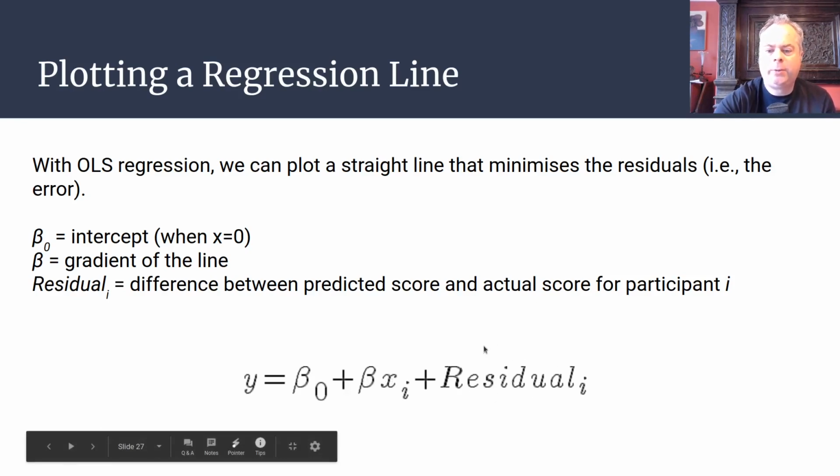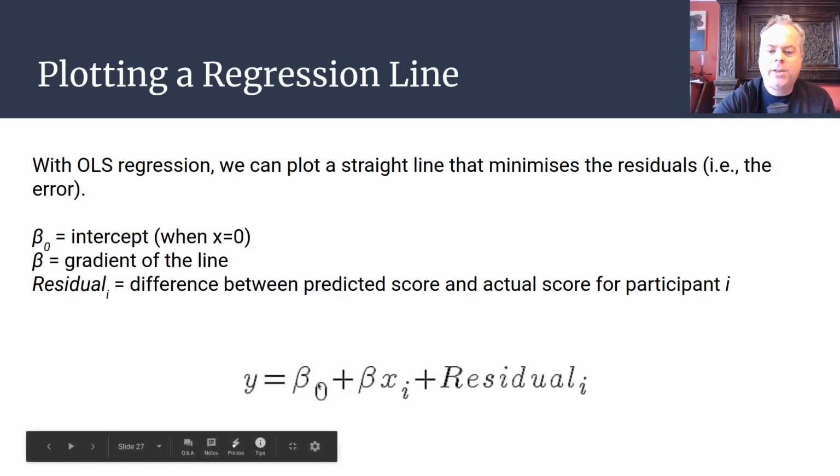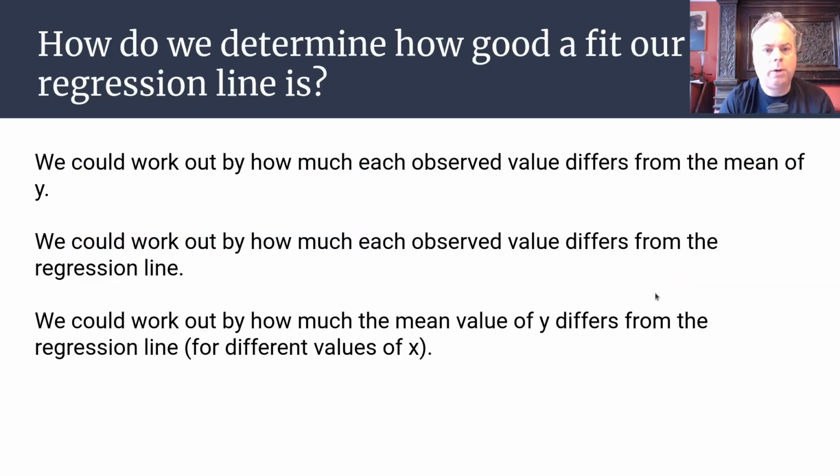This is the difference between the predicted score and actual score of the participant. So what we're wanting to do when we generate a regression line is calculate the value for the intercept and the value for the slope. That will allow us then to draw the regression line. That's what we're going to be doing, and this is what we're going to be doing in R.